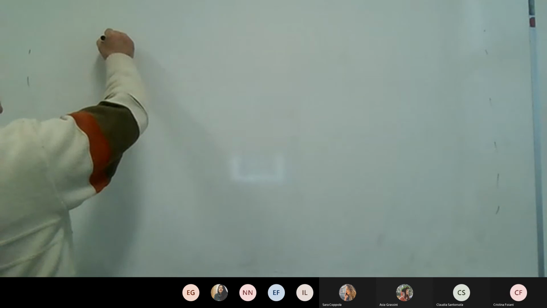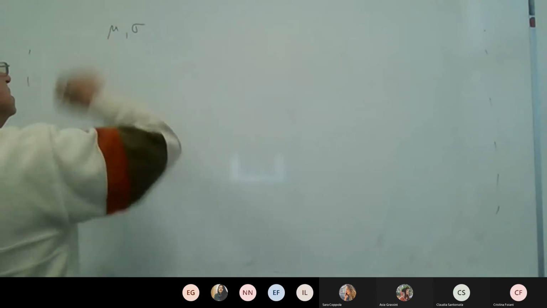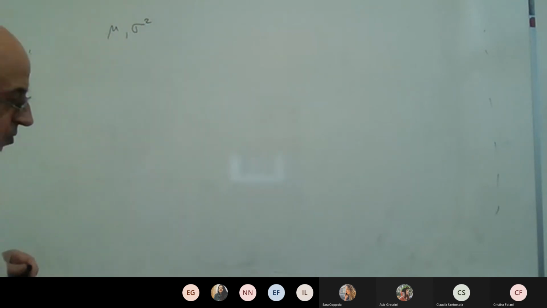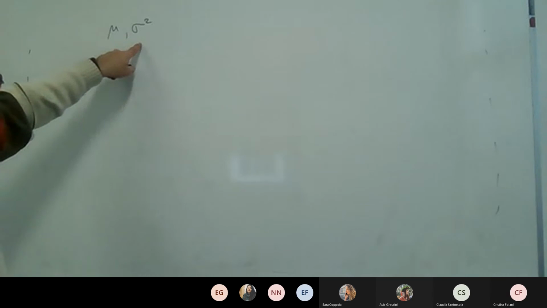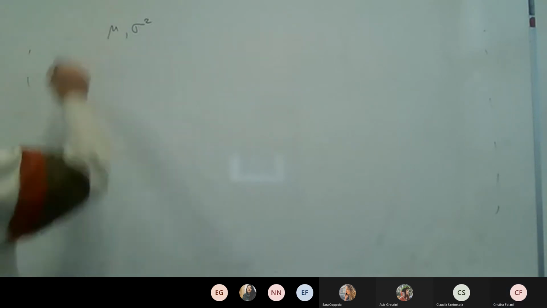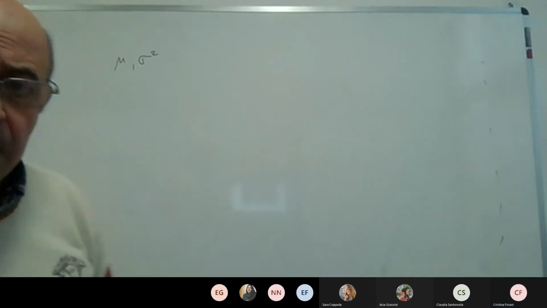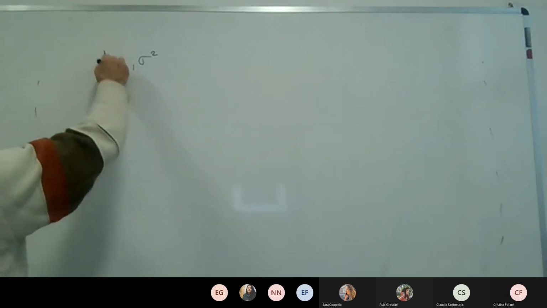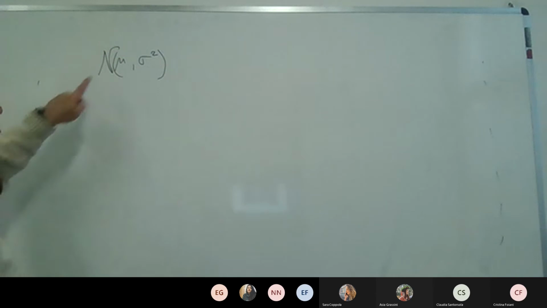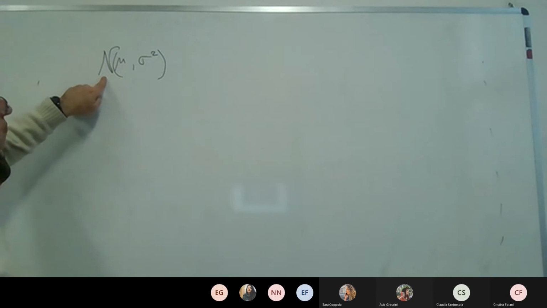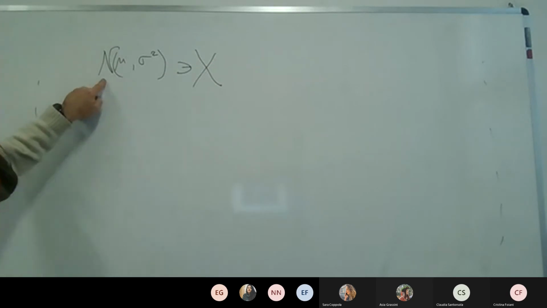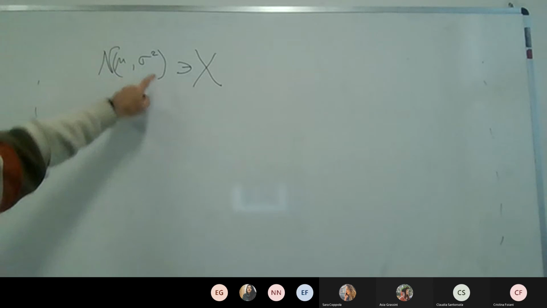One is mu, and the other parameter is sigma, or sigma square sometimes is used for the variation. So this notation is for a random variable that is normal distribution with mu and sigma square parameters.